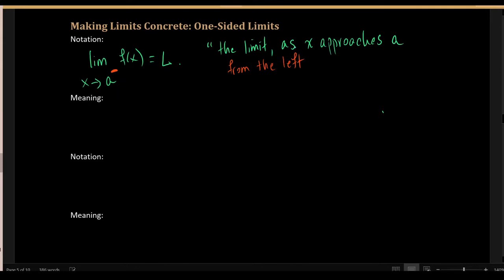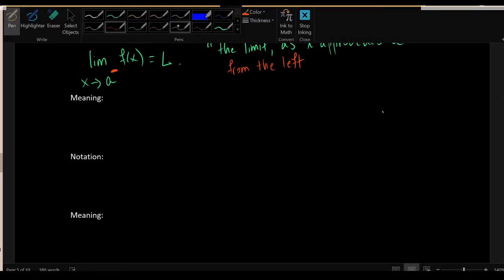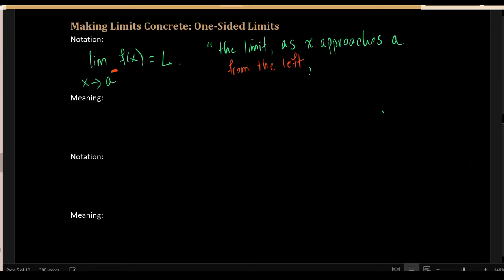That's the meaning of this little minus sign. We're going to sneak up on a from the left side, from the negative direction. The limit as x approaches a from the left of f of x is L. That's how we read this.